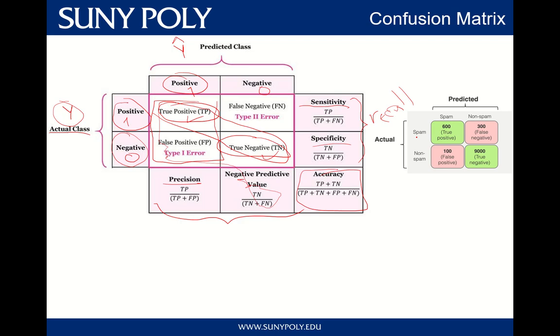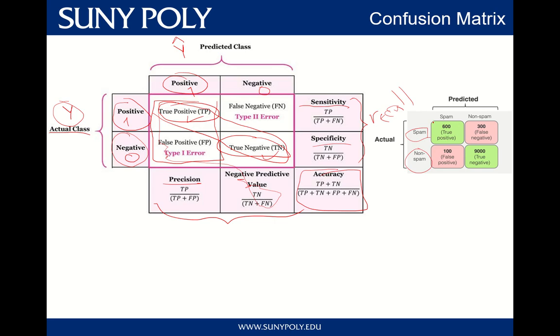Let's check a numerical example here. This is for the spam classification problem. We have 2 classes, a binary problem, right? We create our model, we define a threshold, and then we compute our predictions. And now we're trying to assess how good the model is. So the 600 here is the true positive.